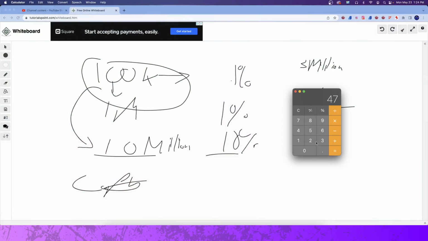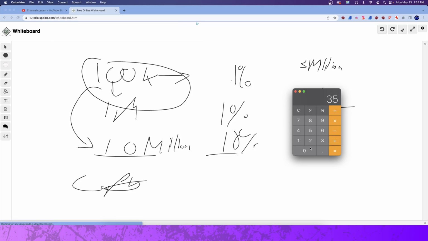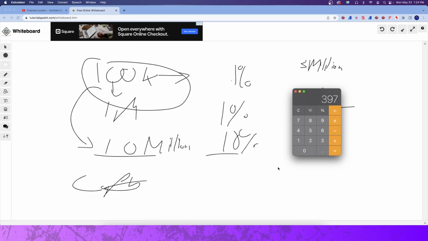Plus let's just say the Shopify theme, we said on average from 100 to 700, let's just say 350. That's $350. So for the first month, you're going to need $397 roughly, okay?